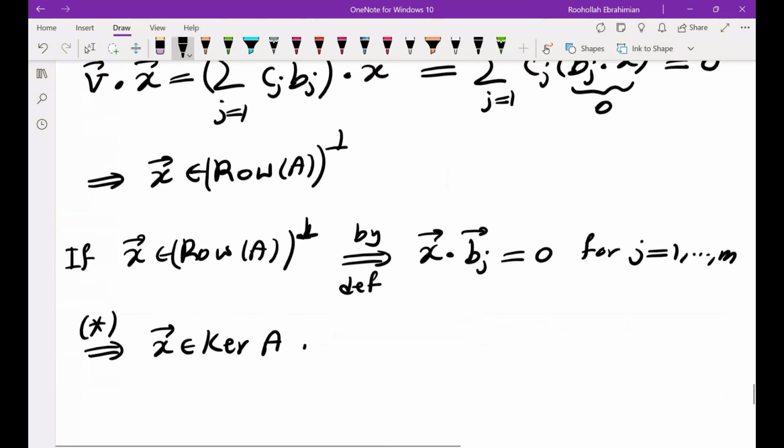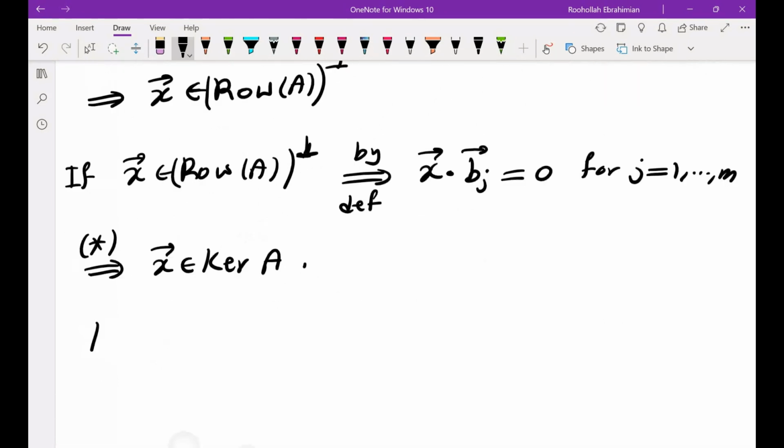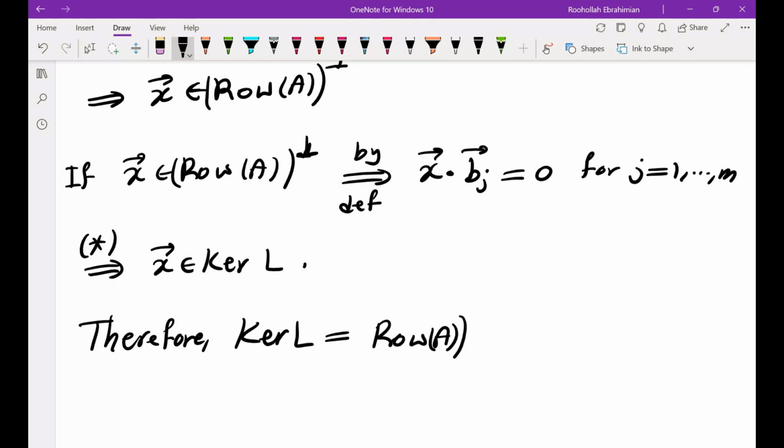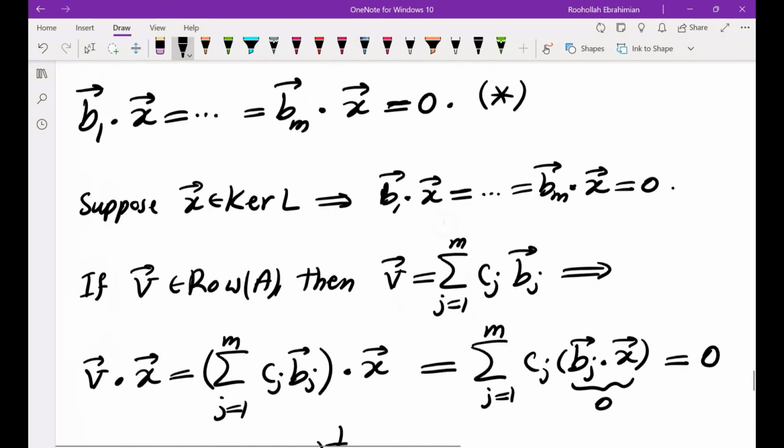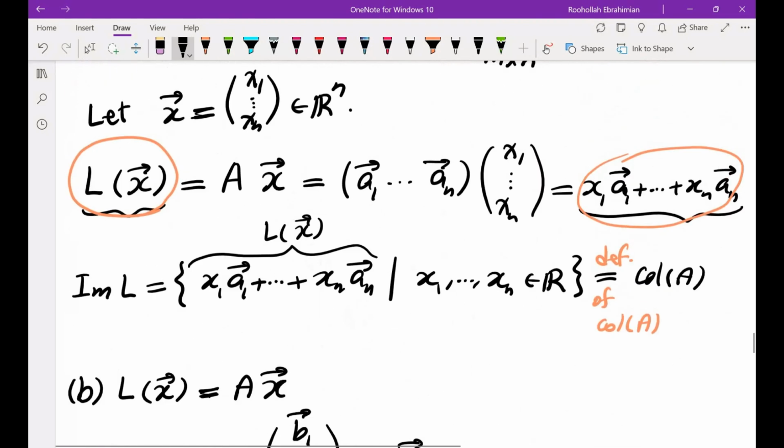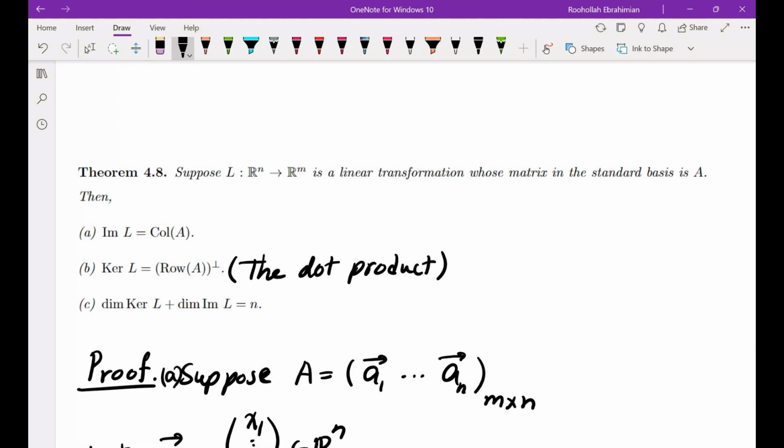What does this mean? It means these two sets are the same. Therefore, kernel of A is in fact the same as, I guess I said kernel of L, not A. Kernel of L is in fact the orthogonal complement of the row space. Okay, so that proves the second part of this theorem.